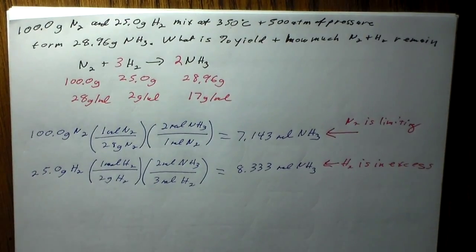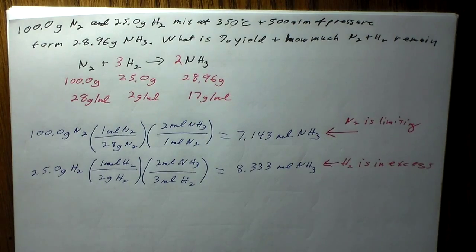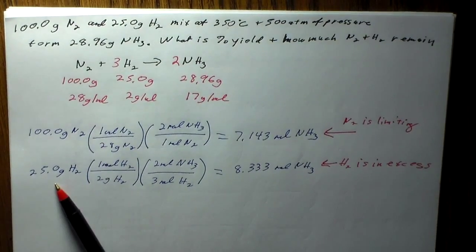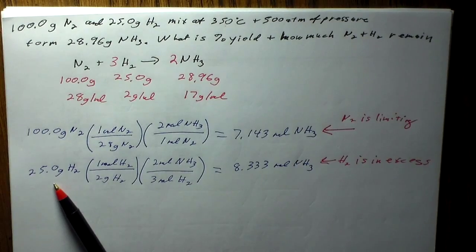And also, just step back and look at these numbers. If we were just looking at this from a pure weight perspective, you would say, well, 100 grams of nitrogen, 25 grams of hydrogen. Obviously, hydrogen is going to be your limiting reagent because you have 1/4 the amount of hydrogen in terms of mass.